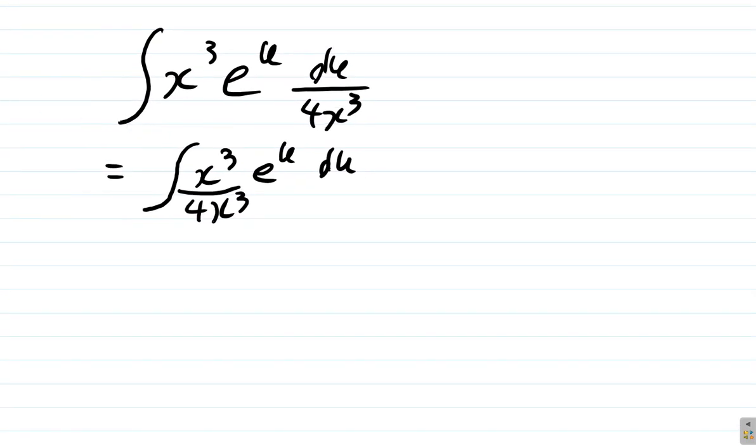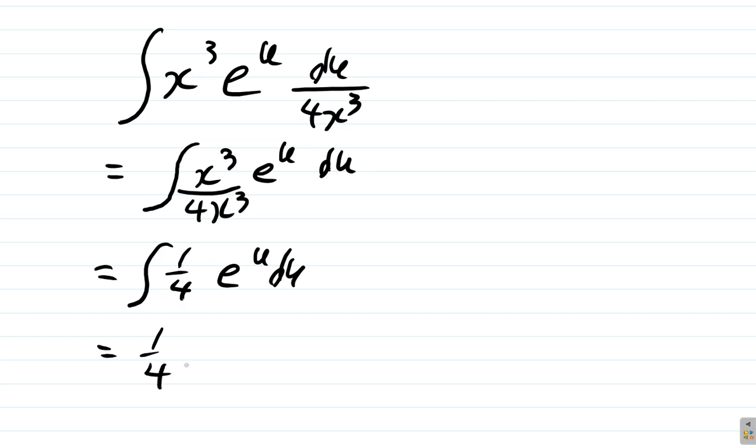Now what do we have here? x cubed will cancel x cubed. So it's the integral of a quarter e to the u du, which you could write as a quarter integral of e to the u du.